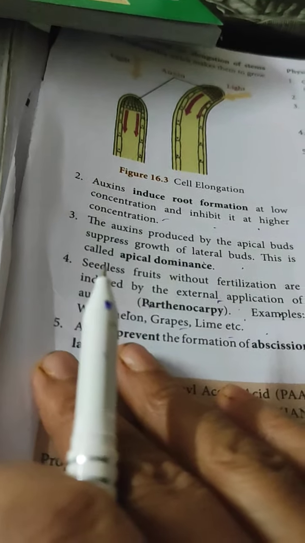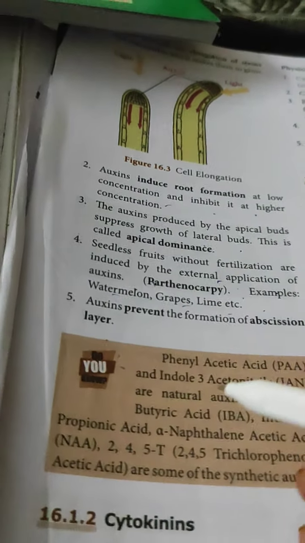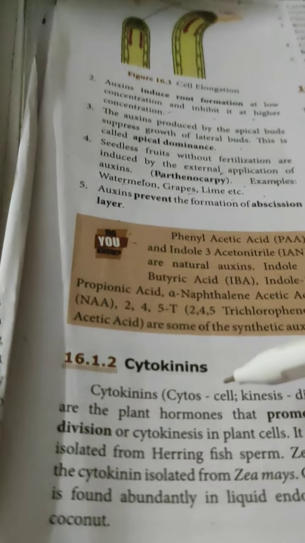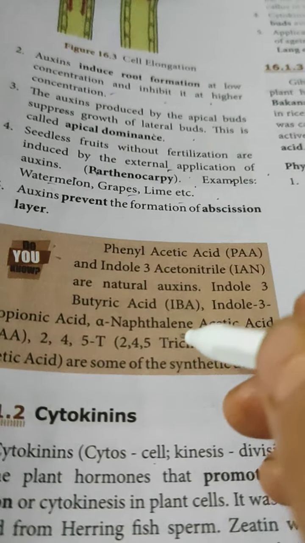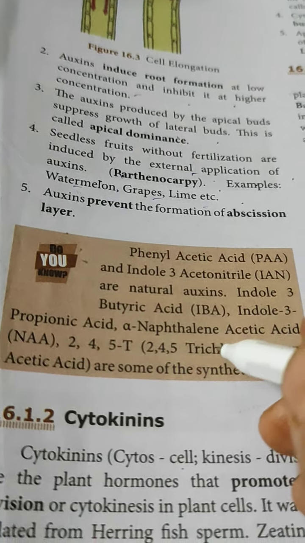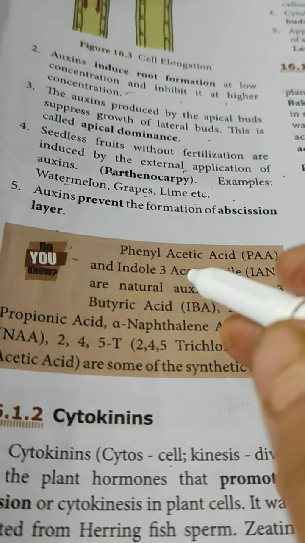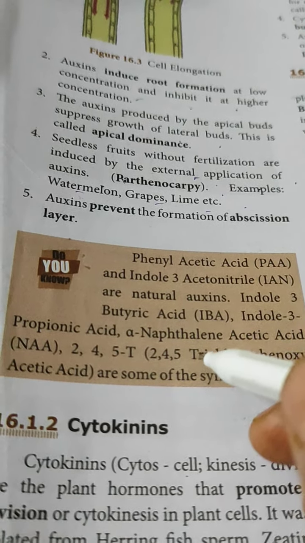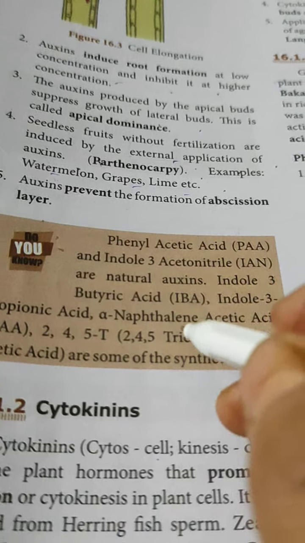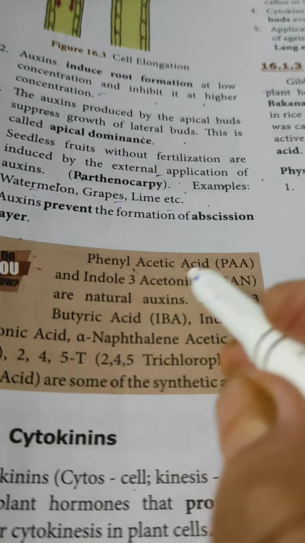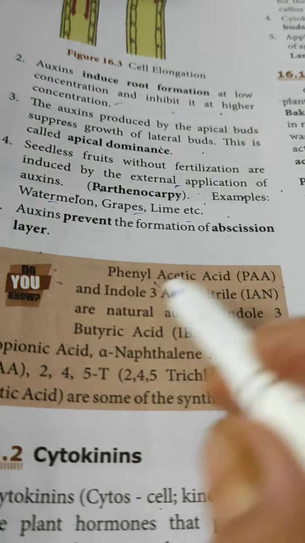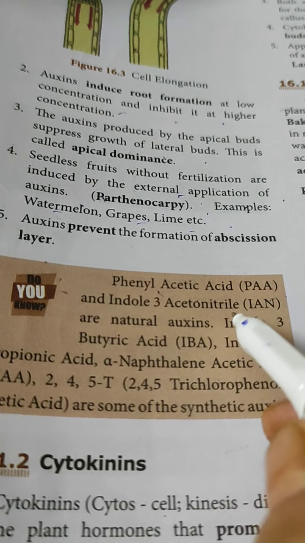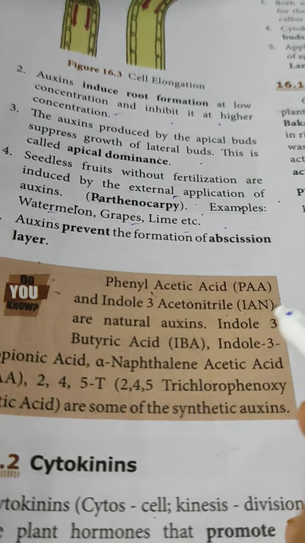Now next, this is all about your auxin, the growth promoter. The second type of growth promoter hormone is the cytokinins. Inside the grey and saffron colored box, these are the synthetic and natural hormones. Examples: phenylacetic acid, PAA, and indole 3-acetonitrile, IAN, are natural.